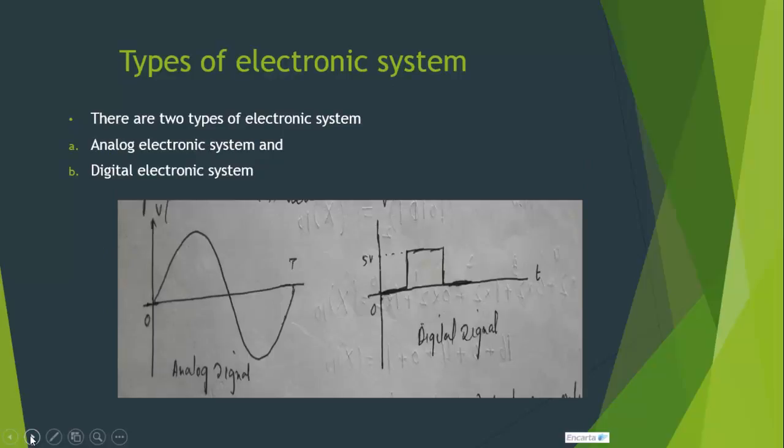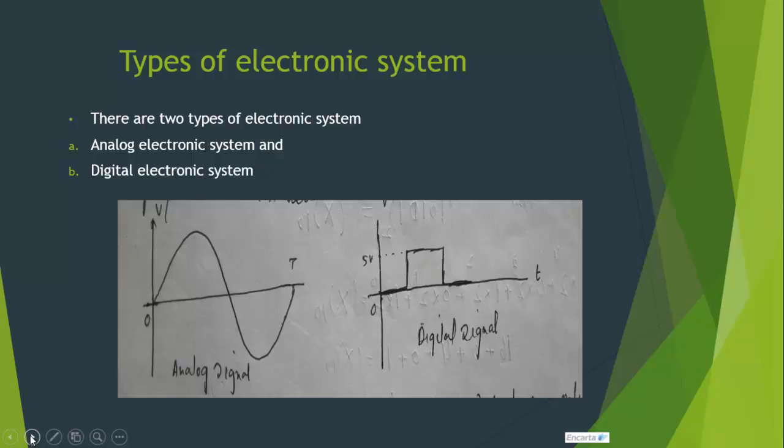Now, there are two types of electronic systems, that is analog electronic system and digital electronic system. Here you can see in the graph the analog signal and digital signal. Basically, what is the difference between analog signal and digital signal? A continuously varying current or voltage is called an analog signal, e.g. a sinusoidally alternating voltage is an analog signal.